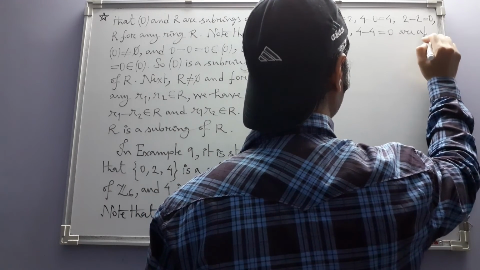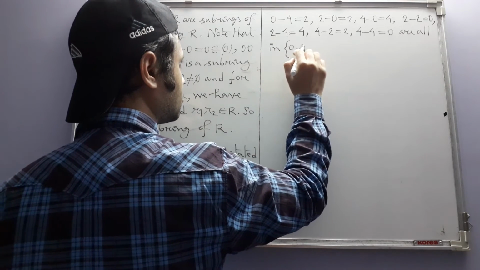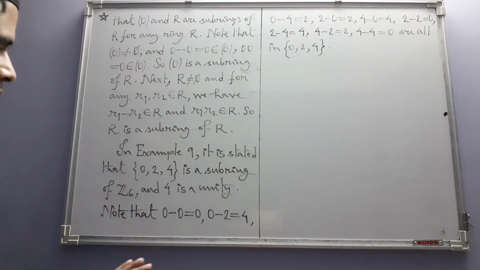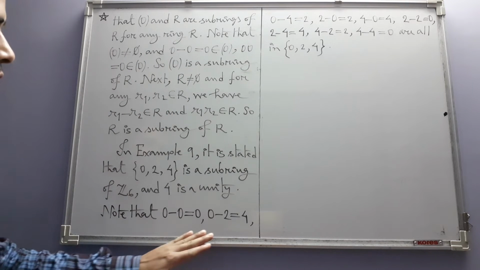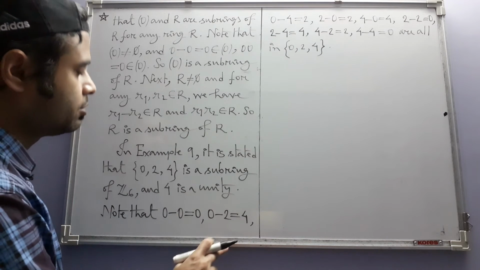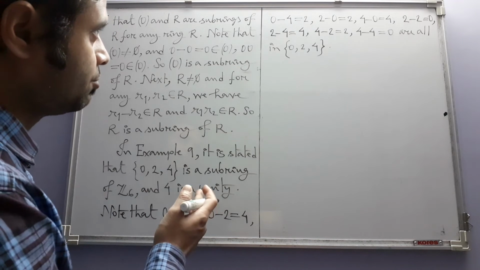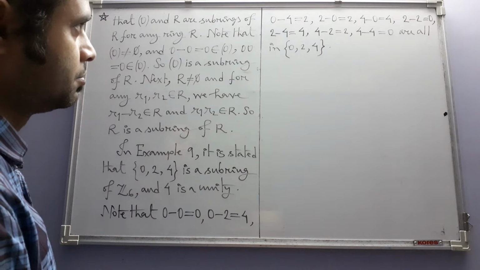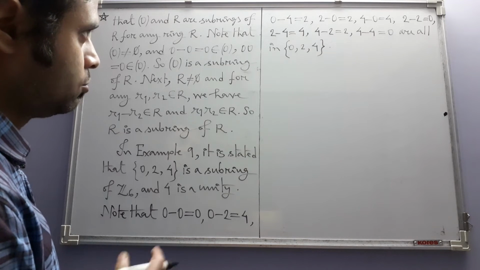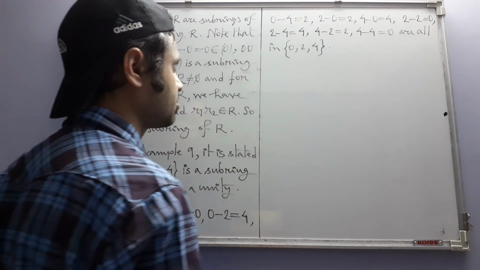These are all in this set. Have all the possible differences been taken into account? 0, 0; 0, 2; 2, 0; 0, 4; 4, 0; 2, 2; 2, 4; 4, 2; 4, 4. Yes.